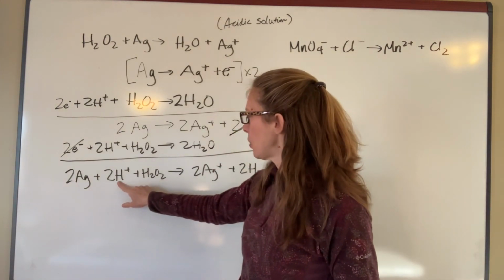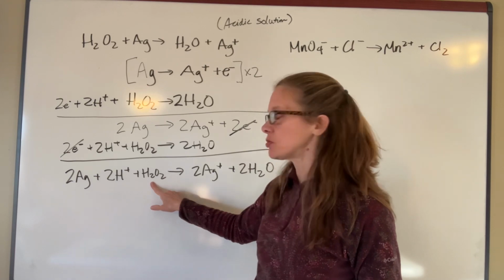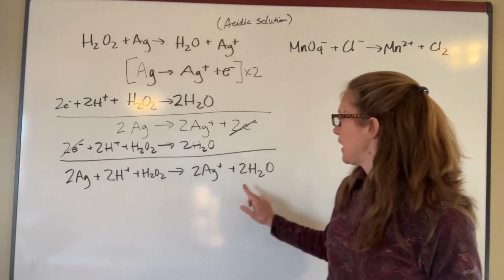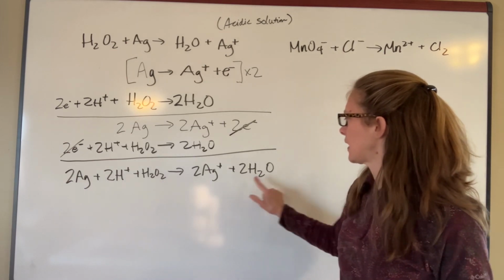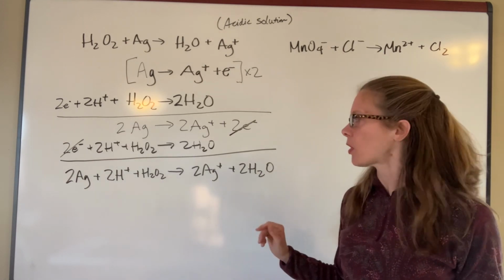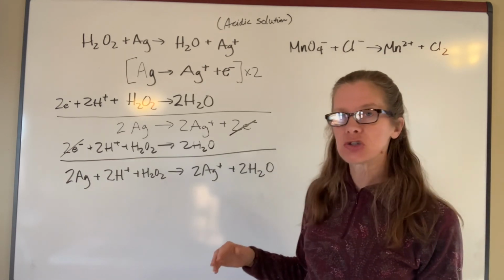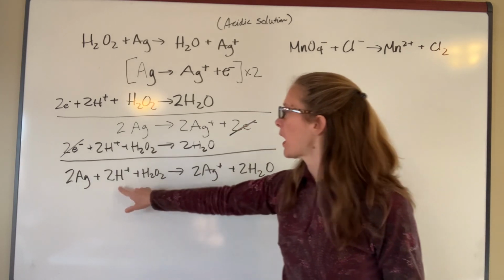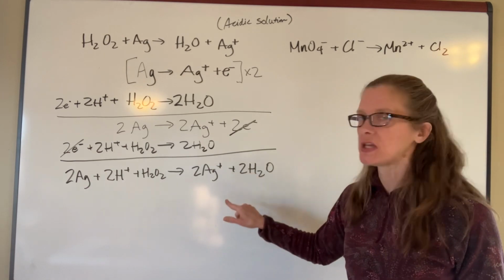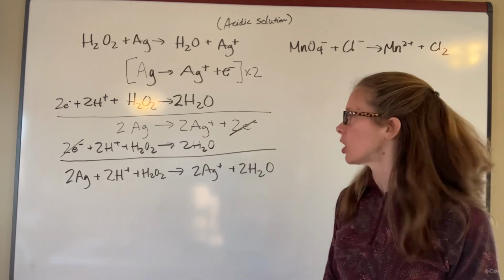I have 2 hydrogens and 2 hydrogens, which makes 4 hydrogens, and I have 4 over here. And then I have 2 oxygens here, and I have 2 oxygens here. So my atoms are all balanced. Then if I check charge, I've got 2 hydrogen ions here, or 2 positives here, and I've got 2 positives there. So I'm also balanced according to charge.